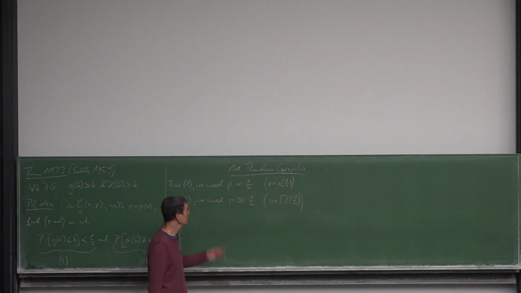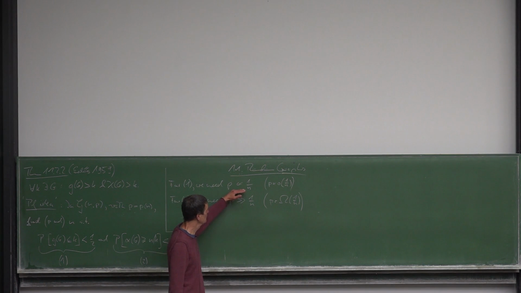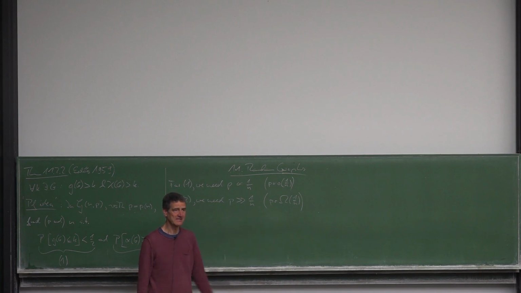So it may be unsurprising, and indeed it is true, that for this growth rate, for this p, we shall have almost surely, and I'll tell you what exactly that means later, no cycles at all.